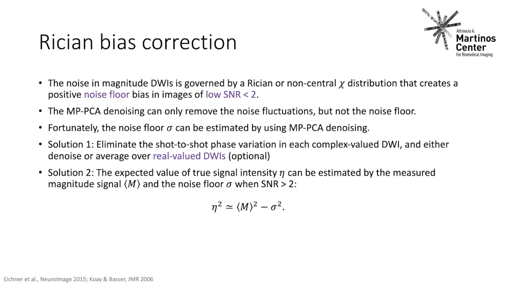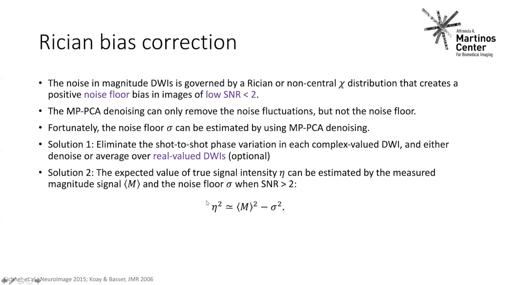And the second solution is that the expected value of the true signal intensity can be estimated from the measured magnitude signal and the noise floor when SNR is higher than 2. So we can just use this approximate equation to correct the Gaussian noise floor. So N is the measurement and sigma is the noise map given by MPPCA denoising.